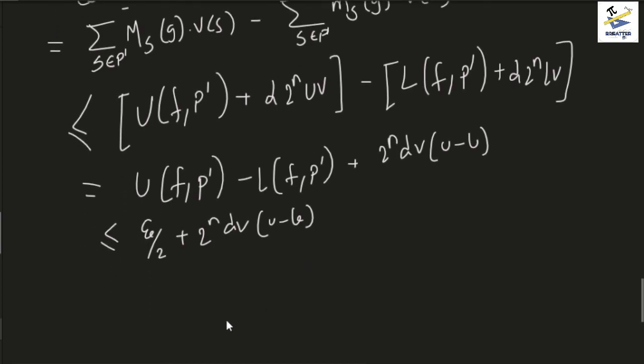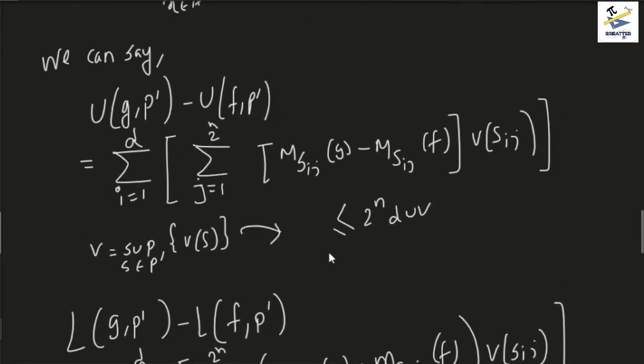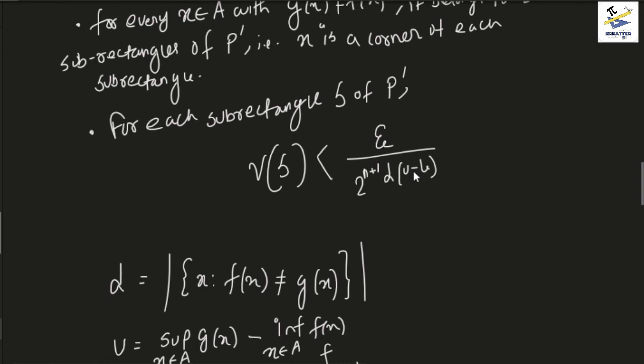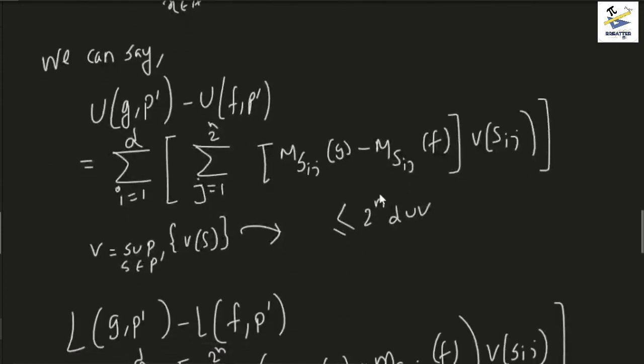But we know that v is less than a particular thing. If you go above, what we can see is that v is less than epsilon by 2 to the power n plus 1 d into u minus l.